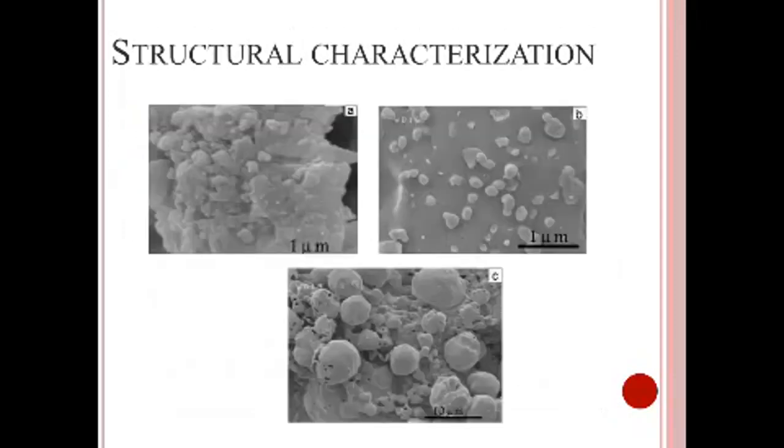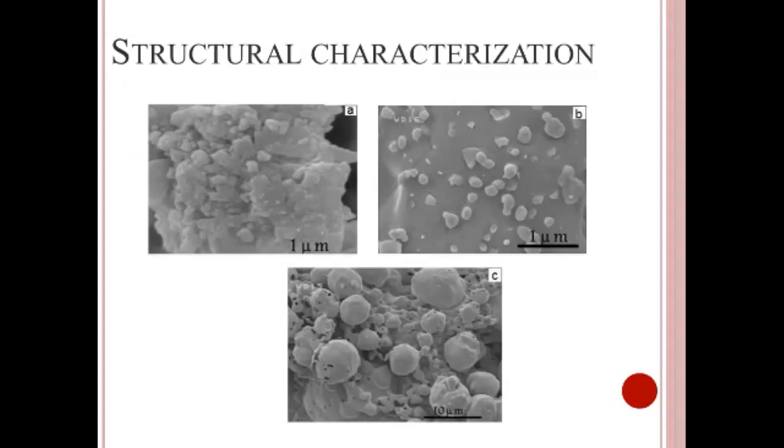Here you can see different pictures that were taken using SEM. These are the SEM micrographs of thermally treated bismuth particles. The first picture was heated at 200 degrees Celsius, the second at 500 degrees Celsius, and the third at 800 degrees Celsius. In the first picture, A, the particles exhibit a pseudo-spherical morphology, but these particles begin to form agglomerates when the temperature increases up to 800 degrees Celsius, as you can see in the third picture.